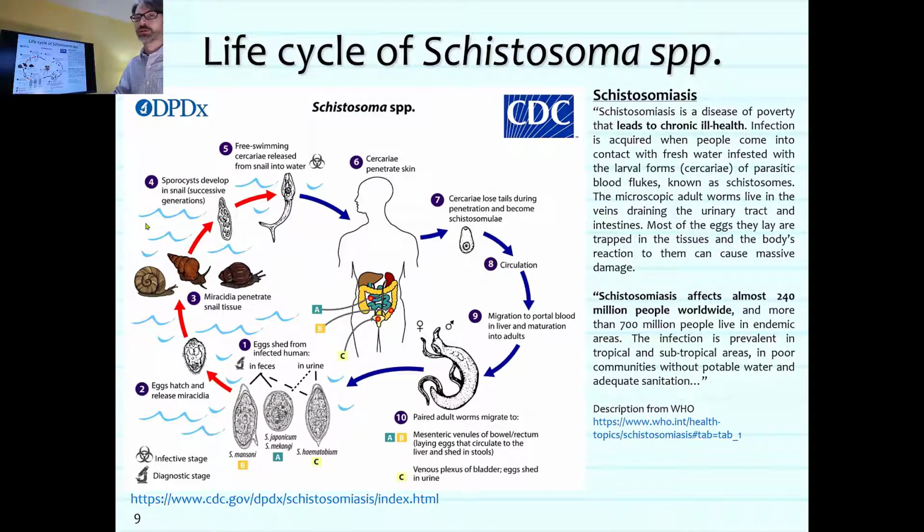Here's some more information about schistosomiasis. It is spread by snails, and you can see that it passes from snails into humans, and then passes out of humans back into snails. Schistosomiasis is a disease of poverty that leads to chronic ill health. Infection is acquired when people come into contact with fresh water that's infested with the larval forms, Cercariae, of parasitic blood flukes, which are known as schistosomes.